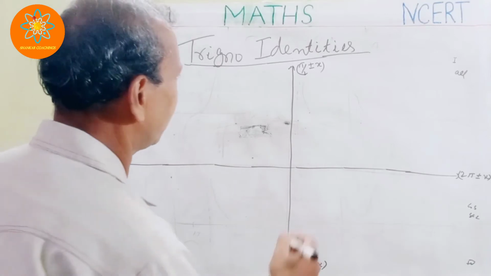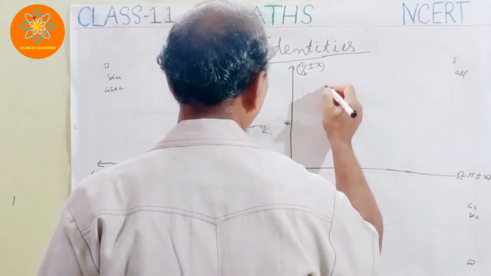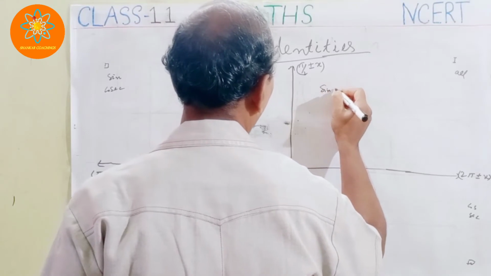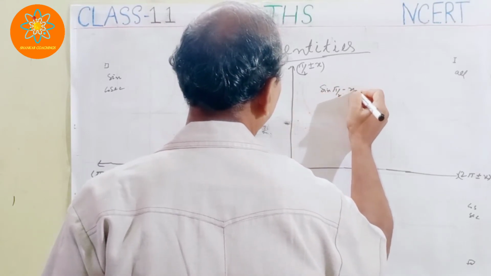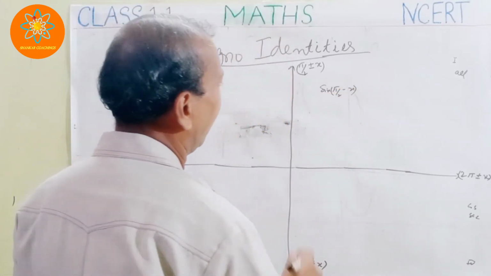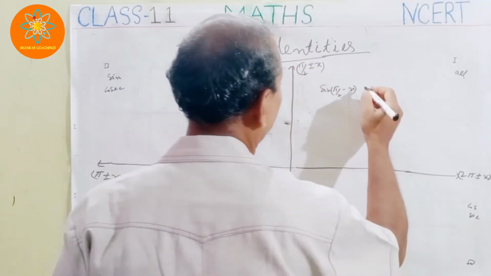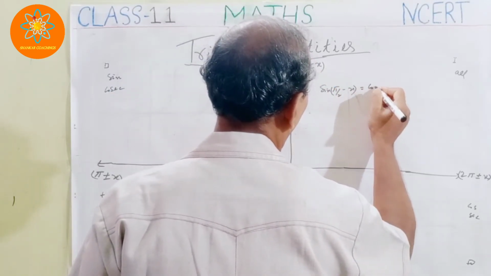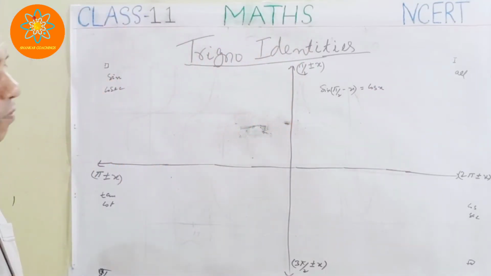So let's suppose I want to find sine of pi by 2 minus x. So pi by 2 is there and it is in the first coordinate. This is the y-axis, so sine will be changed. So this is equal to cos of x.